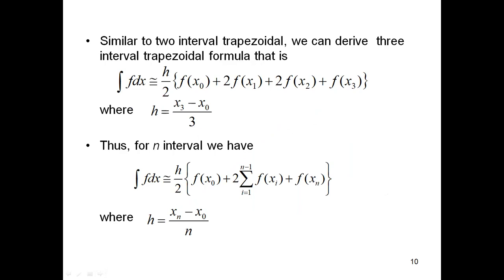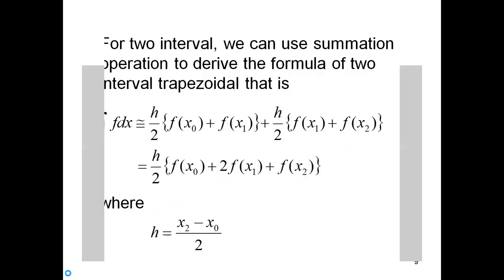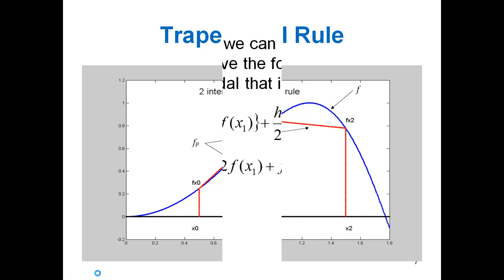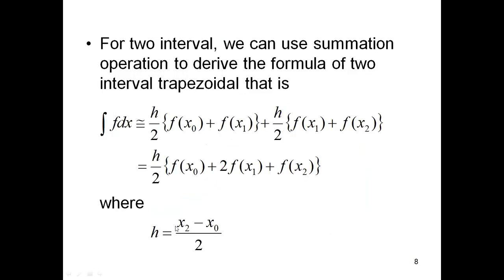This h now will be, take note, x sub 3 minus x sub 0 divided by 3. If you had only 2, I'll go back to 2. If you only have this 2, x sub 2 minus x sub 0, this is the entire height. You divide it by 2, that would be the height of these two trapezoids, as you can see here in the formula, x sub 2 minus x sub 0 divided by 2.